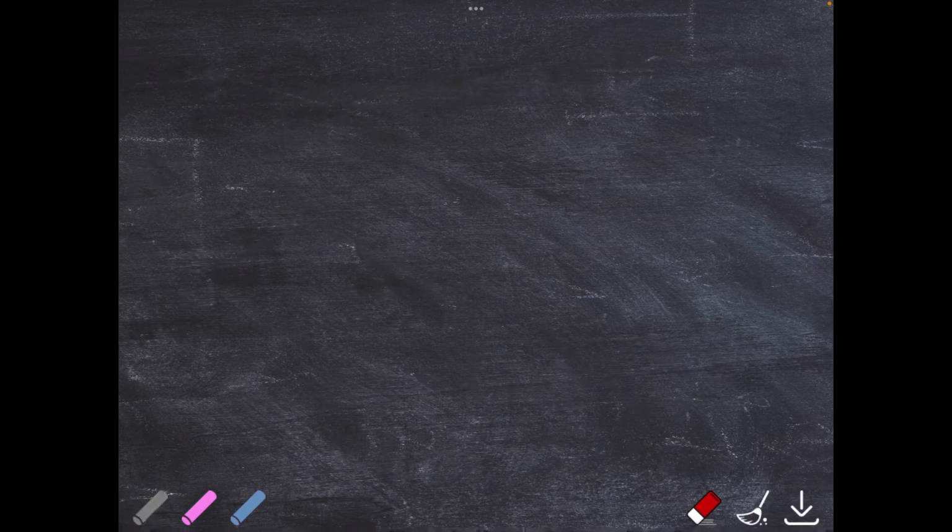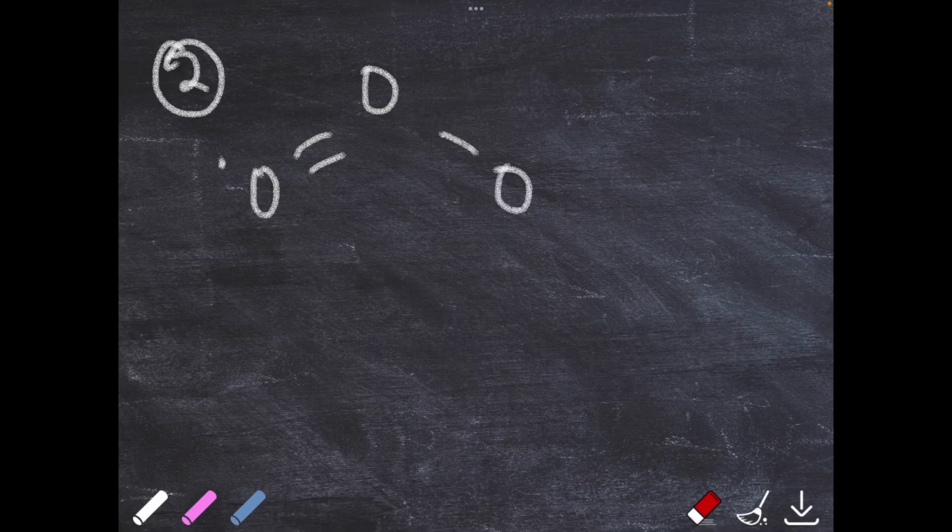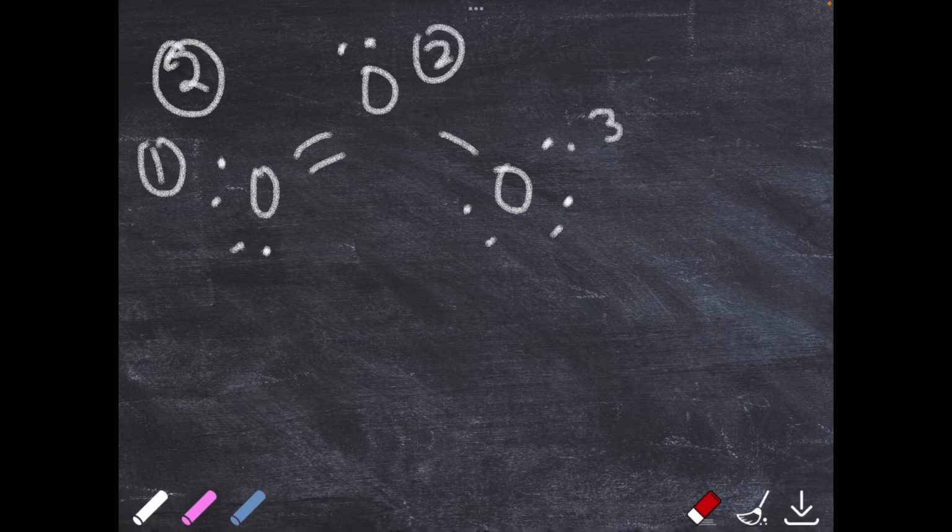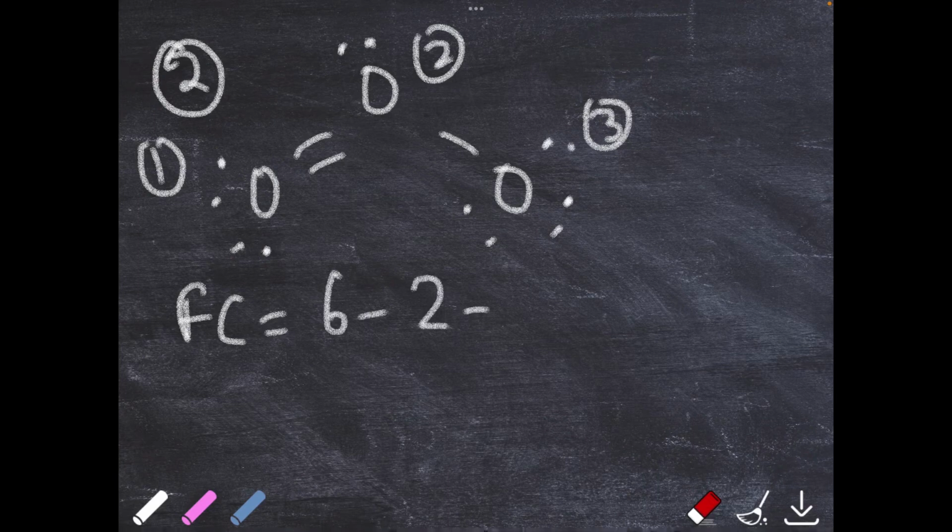Now let's consider the second atom of oxygen. Again I'm drawing the diagram here. We'll find out the formal charge on the second atom. Formal charge will be equal to total number of valence electrons on the second atom, again 6, minus number of non-bonded electrons, which is 2, minus half into bonded electrons.